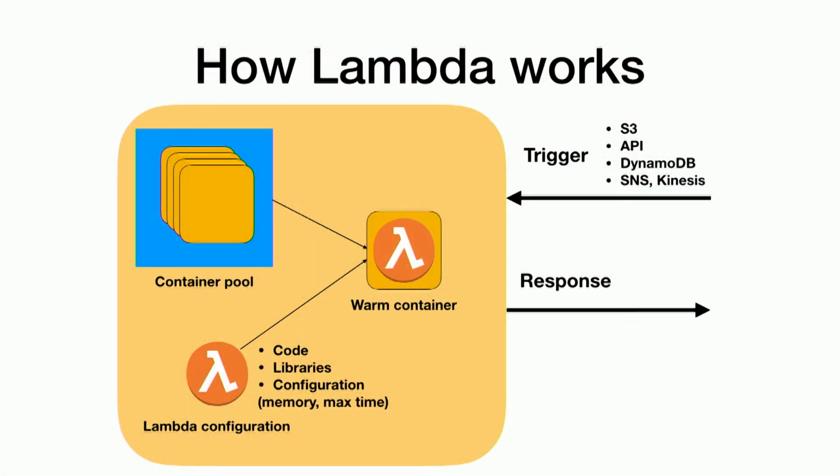During the event, AWS uses configuration files and takes a container from the container pool to create this warm container, which processes the event and then produces the response. After that, it is kept warm for 4 to 5 minutes. So in case a new event comes through this trigger in these 4 minutes, it will not reconstruct the whole process again. It will use the warm container.